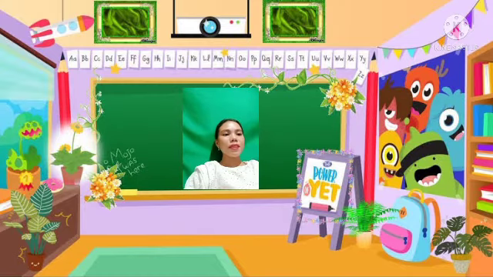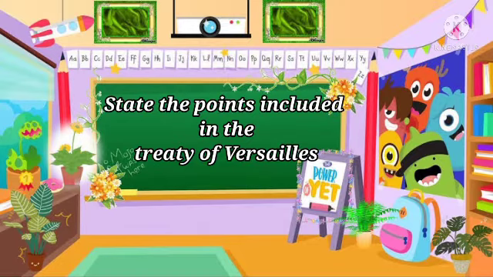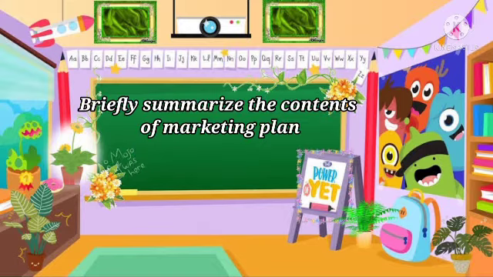Summarizing means giving a concise overview of the text's main points in your own words. A summary is always much shorter than the original text. Example question: state the points included in the Treaty of Versailles. Another one is: briefly summarize the contents of a marketing plan.